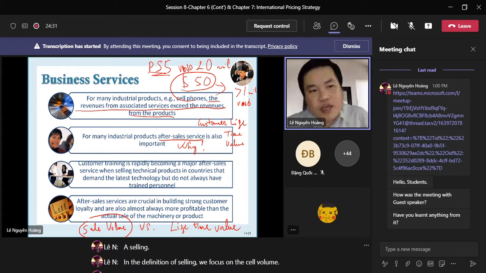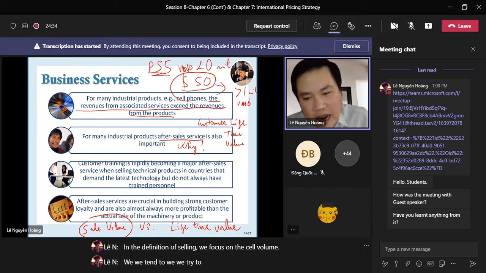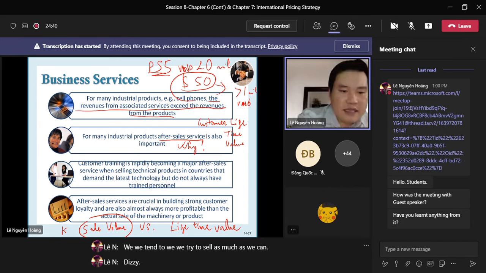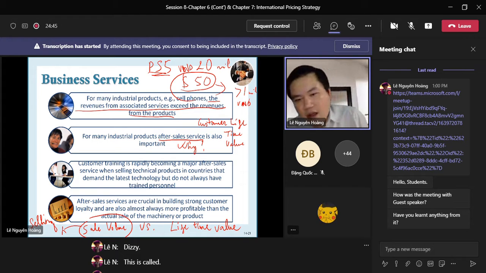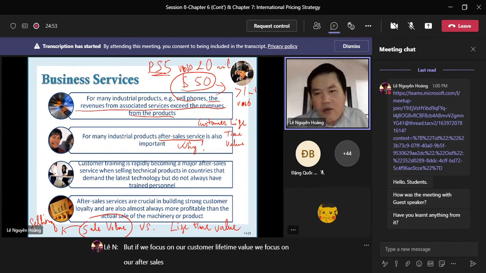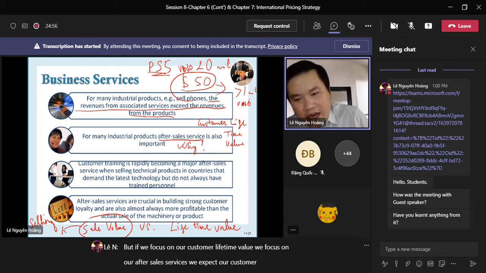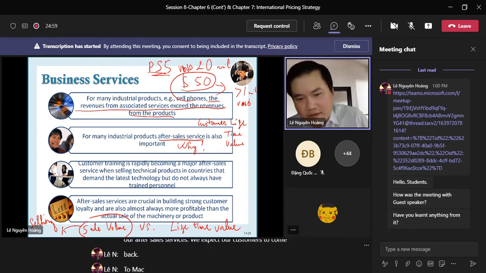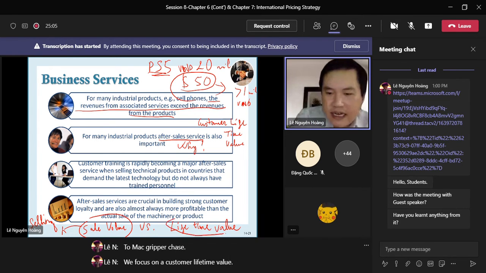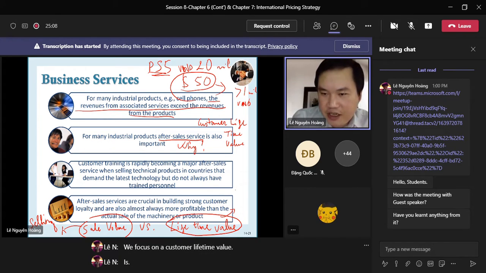We try to sell as much as we can. This is called selling. But if we focus on our customer lifetime value, we focus on our after-sales services, we expect our customer to come back to make repurchases. And focusing on the customer lifetime value is the definition of marketing.